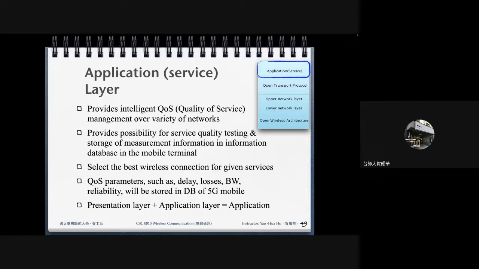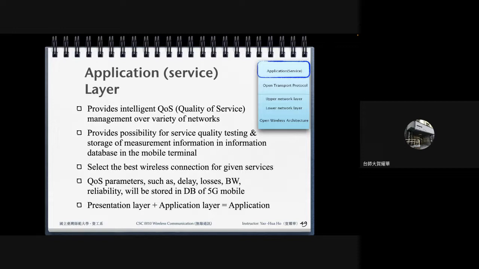The QoS parameters such as delay, loss, bandwidth, and reliability will all be stored in a database in the 5th generation mobile devices. So if your device provides 5G connection, you will have that information stored in your mobile device.